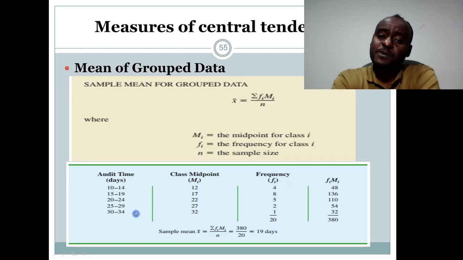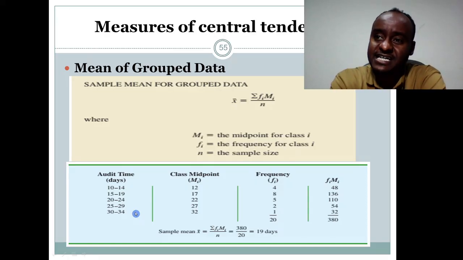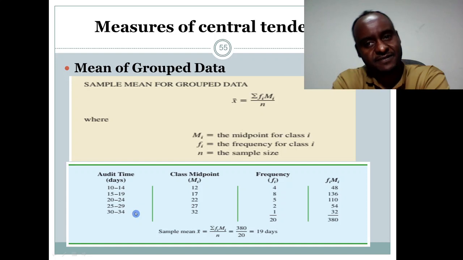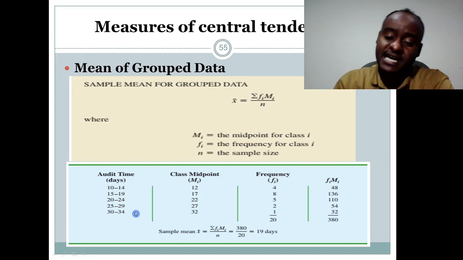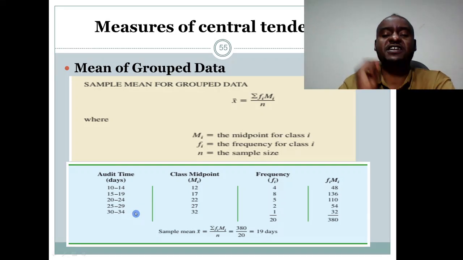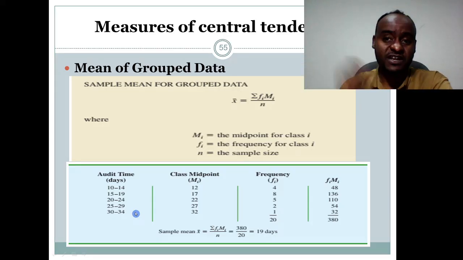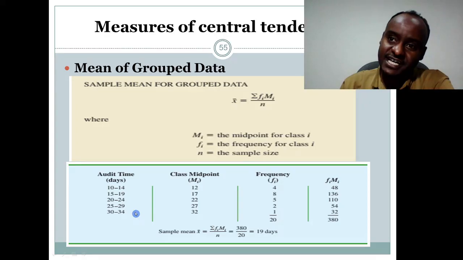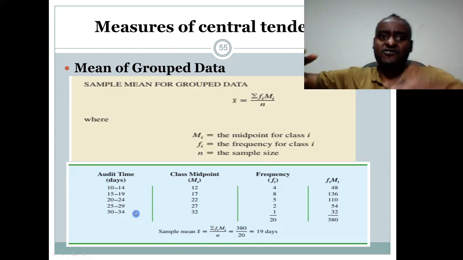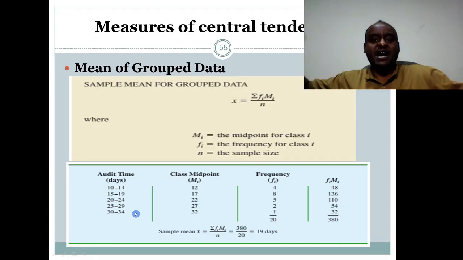And one of the problems when we think about the mean is the outlier. An outlier is a data point which is very far from the others, very far from the mean. Simply, the outlier is something very far from the other data points.